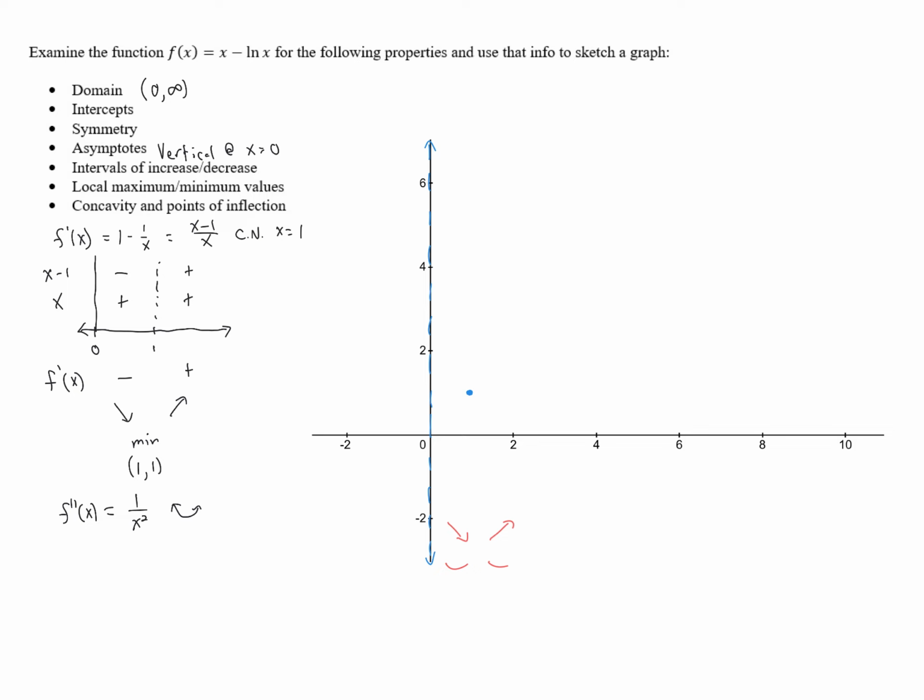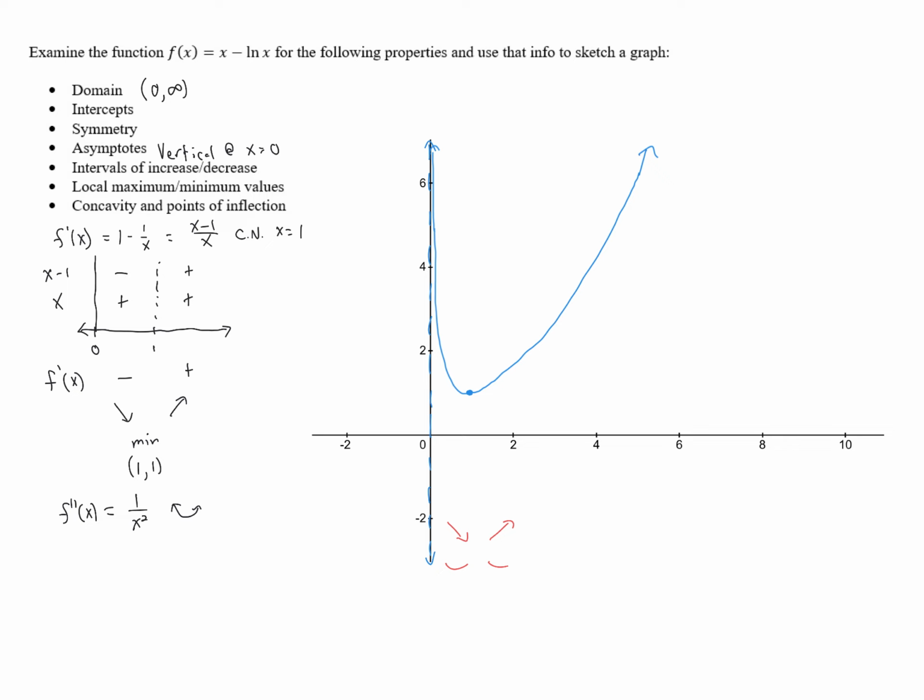And so for this first interval here, for it to be asymptotically approaching the y-axis and decreasing, we know it's going to be going upward as we get closer to it. And this is also a minimum, so we know the derivative there is 0, so it's going to be horizontal before it starts going upward. And then on the right-hand side, it is increasing and concave upward. So it's going to be something like this.